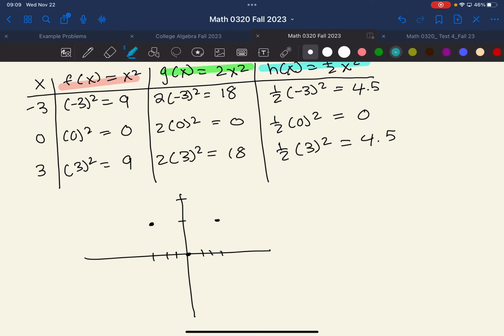So that's my first one. And again, this is a sketch, so I'm assuming where I plotted that point is 9. And then I have -3, 18. So we're going to say this one is this. 0, 0, and then 3, 18.